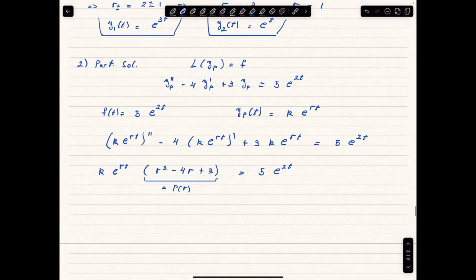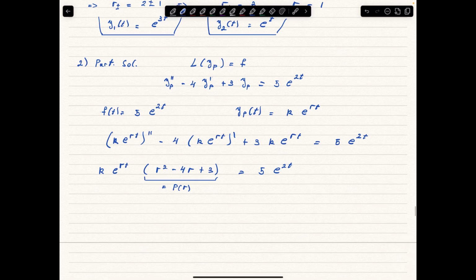But now things are different, because when I used to have 0 here, I could divide by k and divide by the exponential, and it's still 0. But now we cannot divide by the exponential, because it's going to show up on this side. If we simplify the exponential, rt is going to show here now.